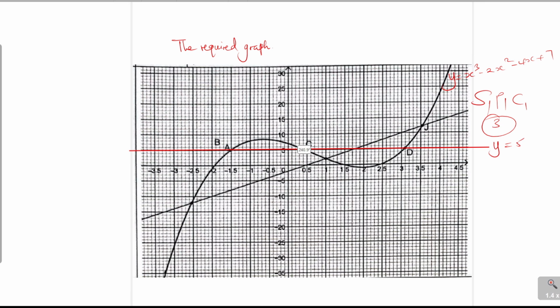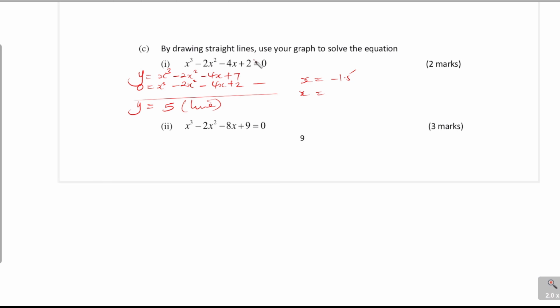If you drop down here, you'll notice that this is not negative, but positive 0.4.